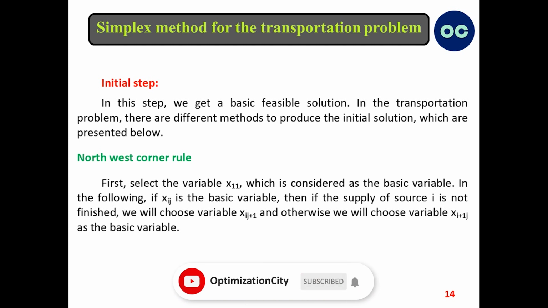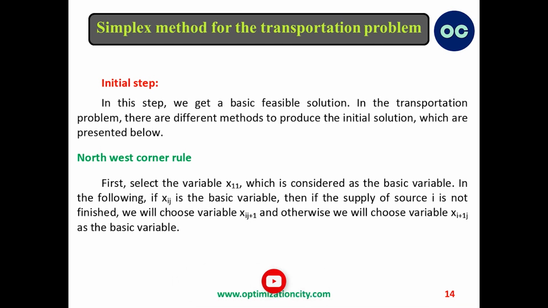In the fourth step, repeat steps 2 and 3 until all supply and demand are satisfied. This process continues until all supply and demand values are used, resulting in an initial feasible solution for the transportation problem. So, what happened in this rule?